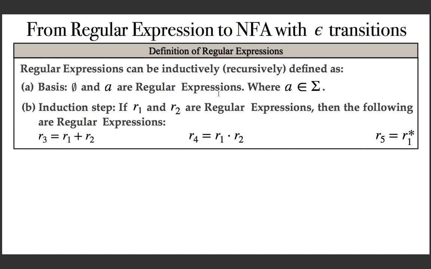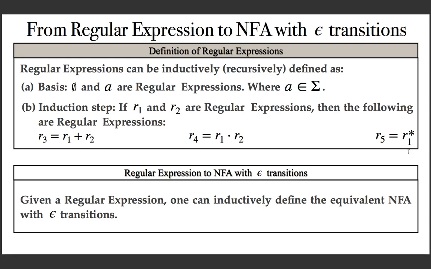A regular expression can be recursively or inductively defined as: the base cases are phi and a, where a is an arbitrary input symbol or alphabet. And this is the inductive step. That is, if R1 and R2 are regular expressions, then R1 plus R2 is a regular expression, R1 R2 is a regular expression, or R1 star is a regular expression.